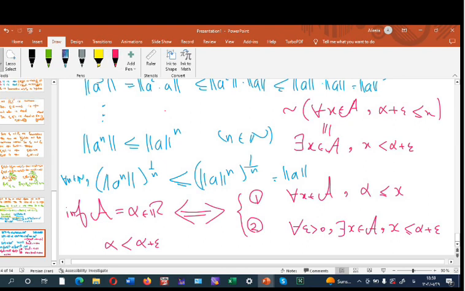So this can be considered strictly. Okay? This is a known fact about infimum, and we have similar properties for the supremum.